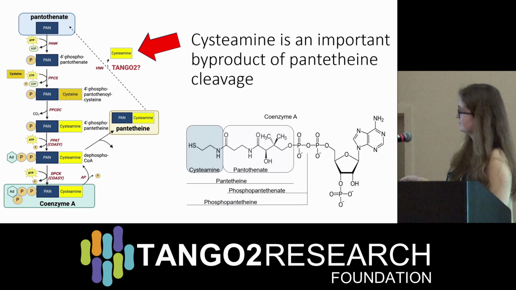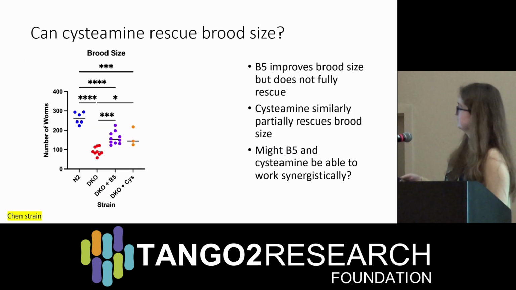So if our worms, like we think, have a problem at this step in this recycling pathway, even if you feed them a lot of extra B5, they're still not going to be generating this extra cysteamine. So maybe this compound is also important, and our worms are not getting it when we give them B5.